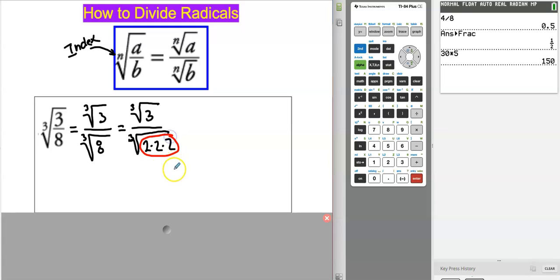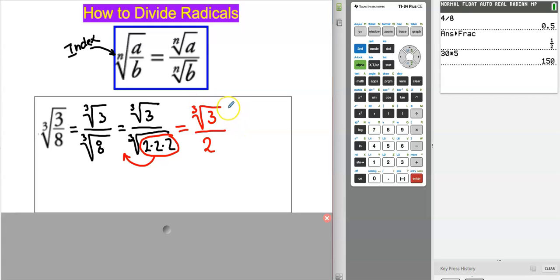If I have 3 of the same numbers, I can group them together and pull one out. So you see that all you have there is 3 2's. Therefore, the cube root of 8 is just 2. So the bottom part simplified to just 2, and the top part is just going to stay the third root of 3.